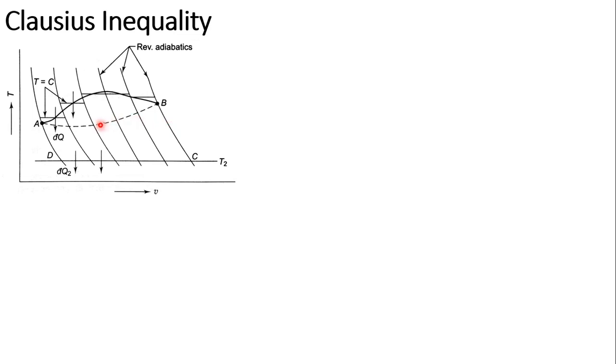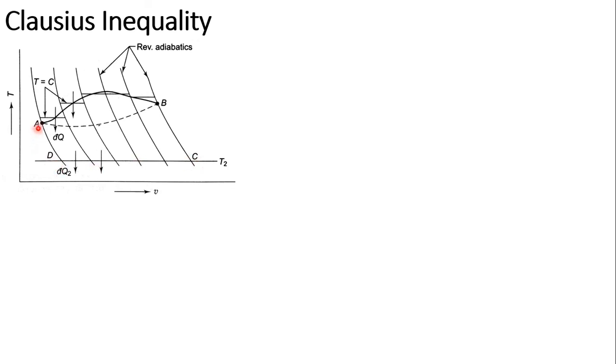Basically we have a cycle A, B, C, D. In this cycle, from A to B we have two paths. One path, shown by the dark line, is reversible. And the other path, on the bottom side, is dotted, meaning this is the actual process. BC is reversible, CD is reversible, and DA is reversible.